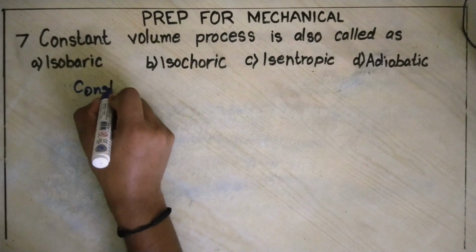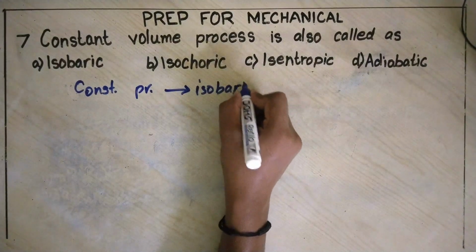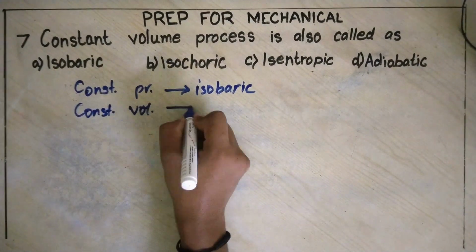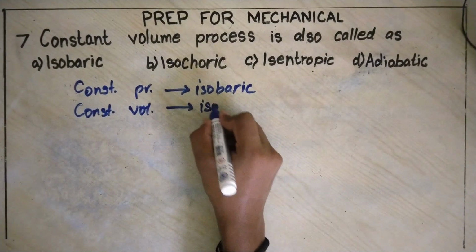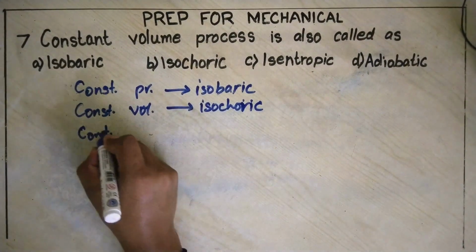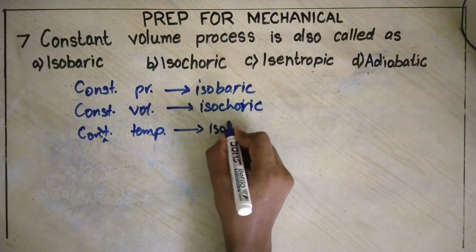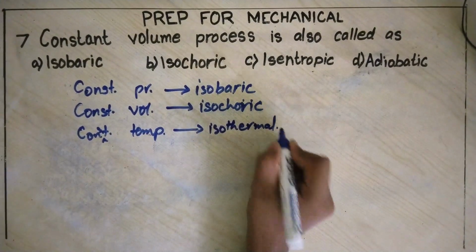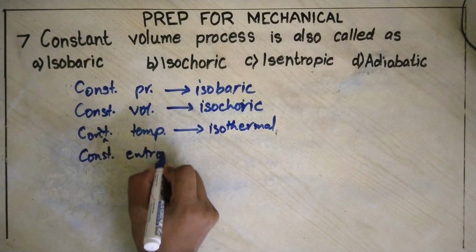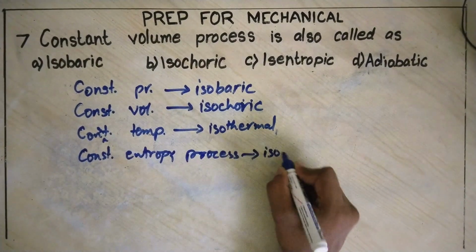Constant pressure process is also known as isobaric, constant volume process is also known as isochoric, constant temperature process is also known as isothermal, and constant entropy process is known as isentropic.